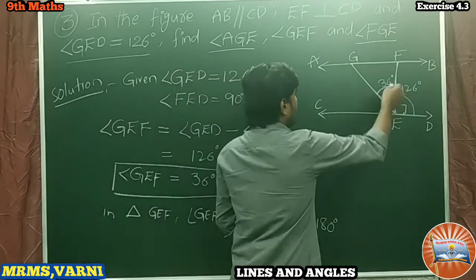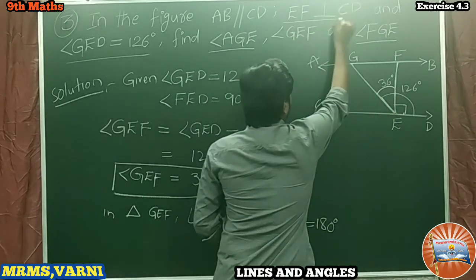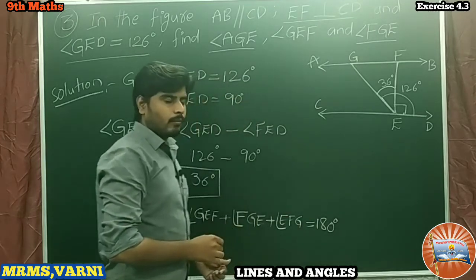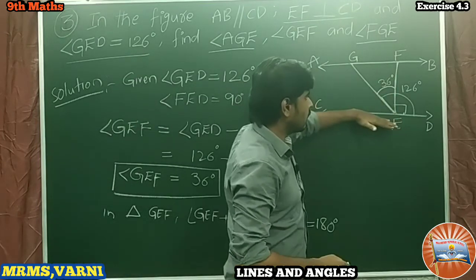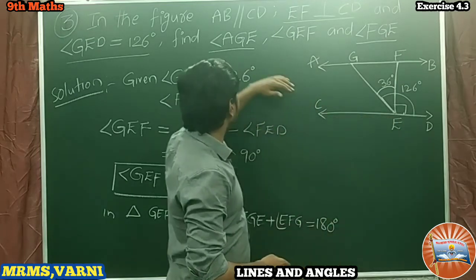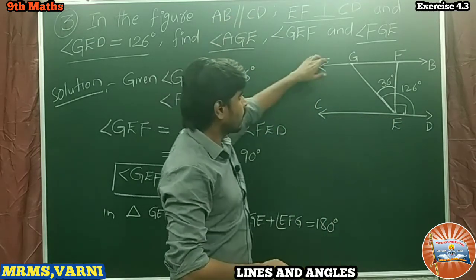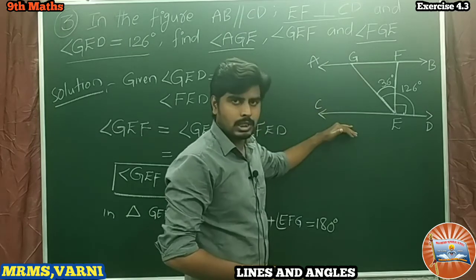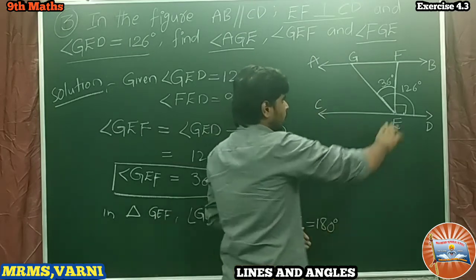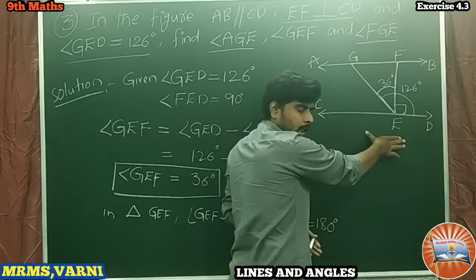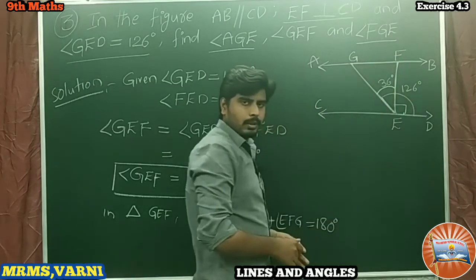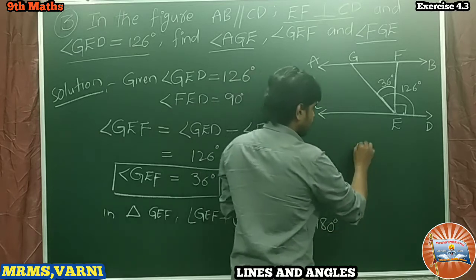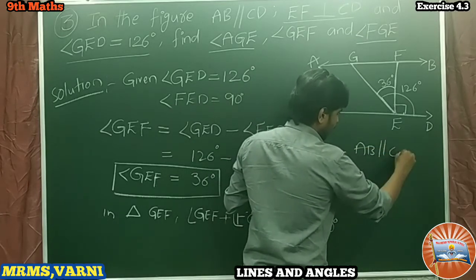Already given, EF is perpendicular to CD, and AB is parallel to CD.